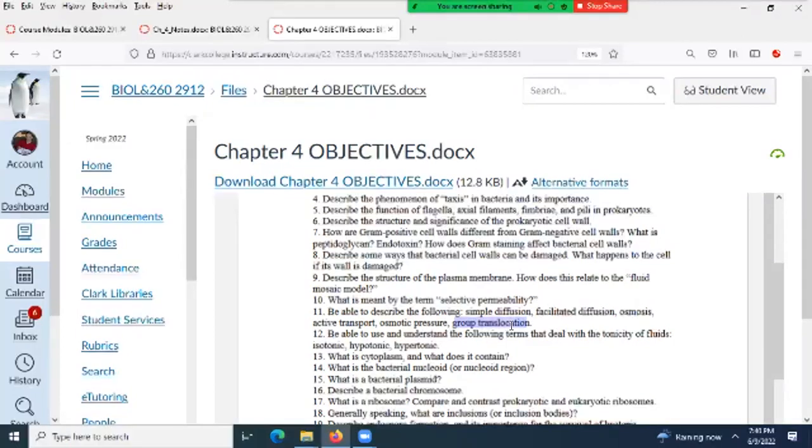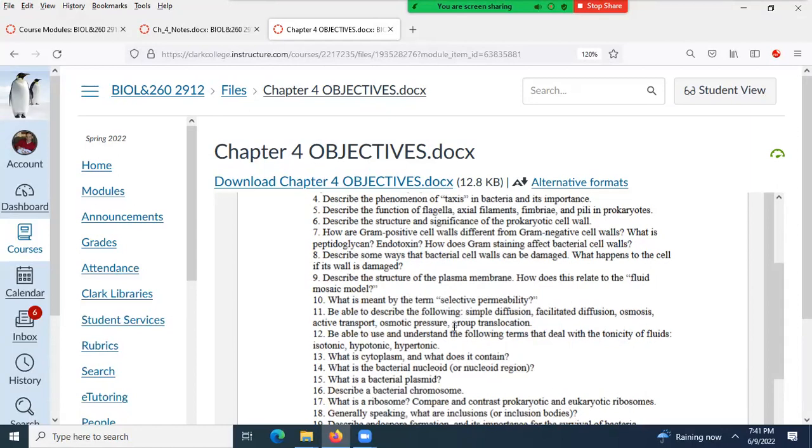And when the molecule is moved through an active transport protein to move into the cell, the molecule is physically changed. Like when we move glucose into a bacteria by group translocation, we add a phosphate to the glucose, so it's no longer glucose, it's changed to glucose 6-phosphate. Any question about any of that?